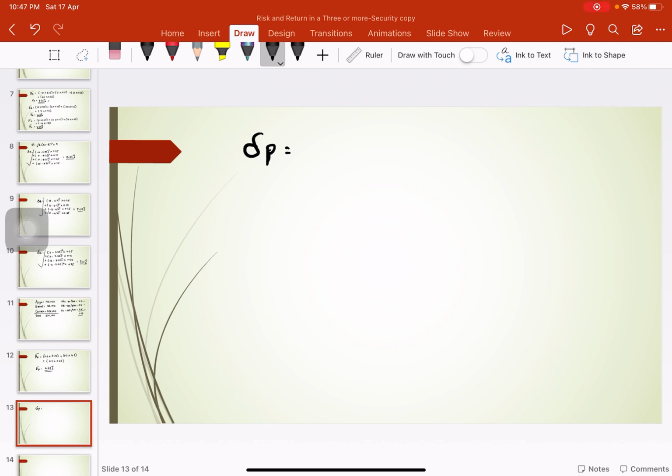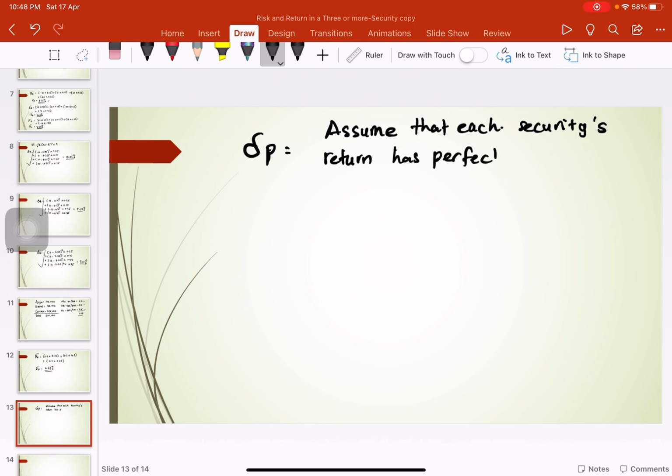If dia kata dekat question ni, if dia kata kat sini lah, I tulis kat sini assume that each securities return has perfect positive correlation with returns of other securities.